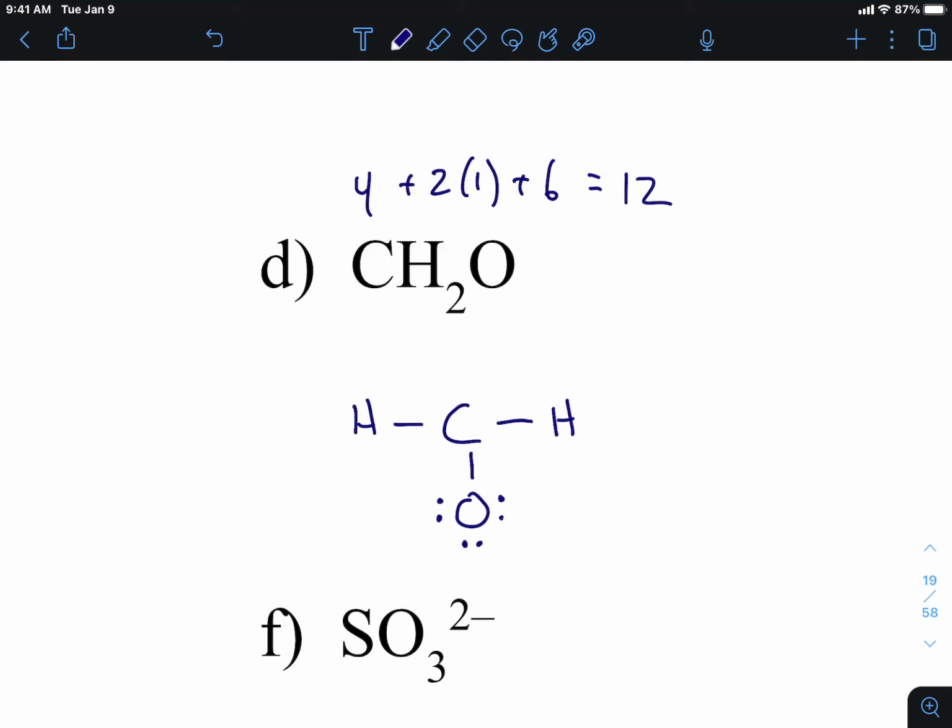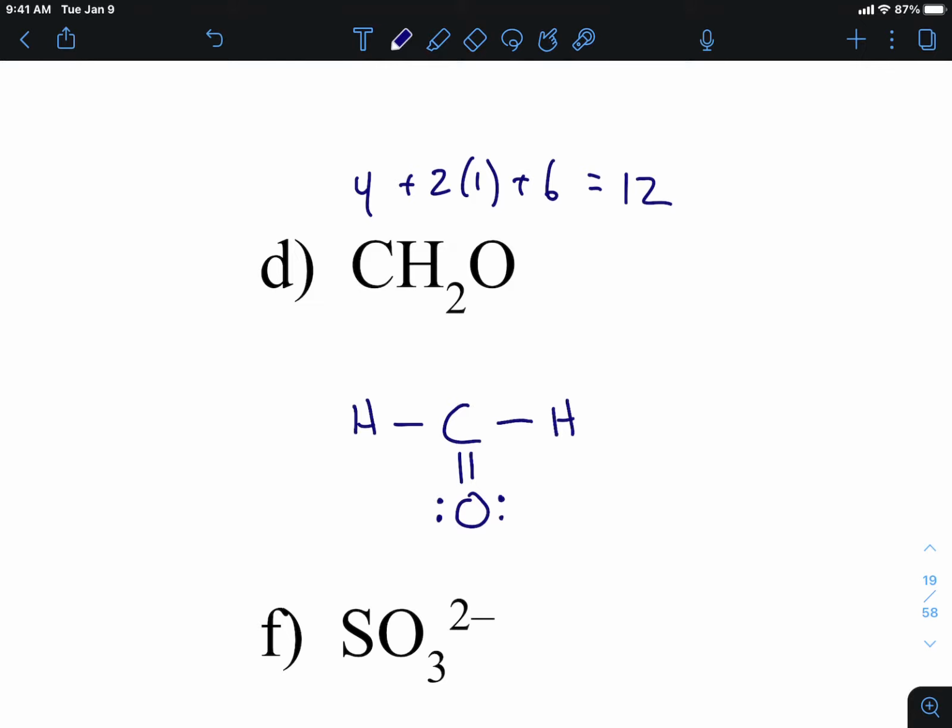So, what could I do? The number of electrons that I have is what I have. I can't generate any more. So I have to make this work with 12 valence electrons. I'm going to erase a pair of dots on the oxygen, and instead of them being a pair of electrons, I'm going to make them a bond.